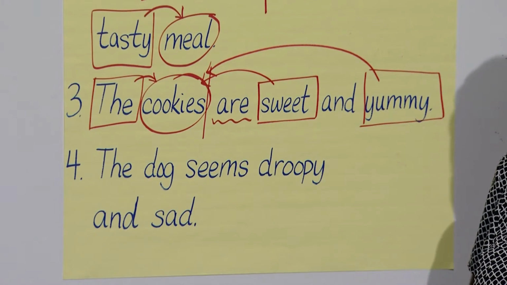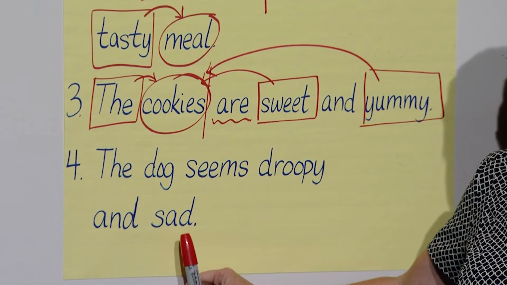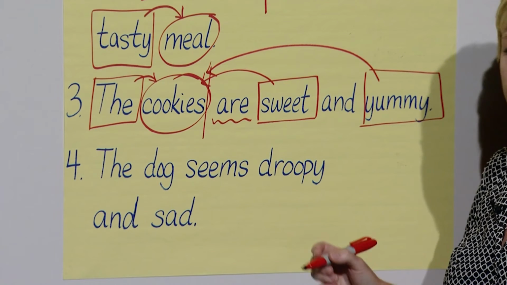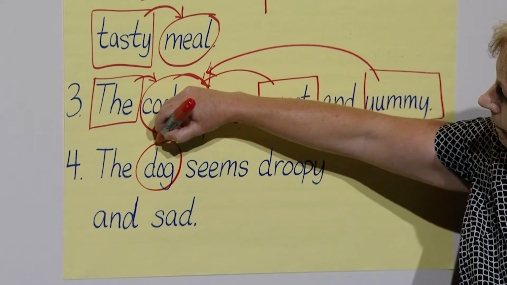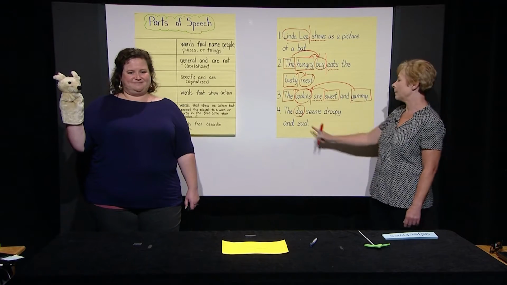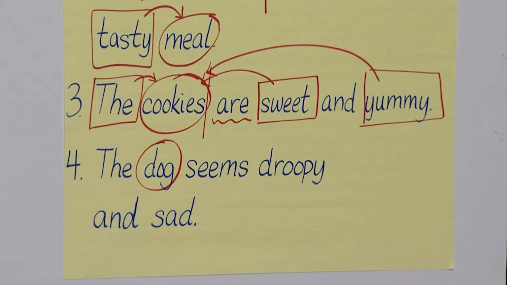Gladly, let's roll. The dog seems droopy and sad. First, ask who or what? What? The dog. Candy circled dog. That's the noun of the subject. Perfect, Rattenborough. Now, I know there's no action verb here because there's no action.